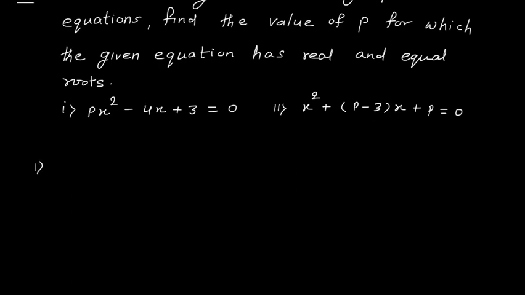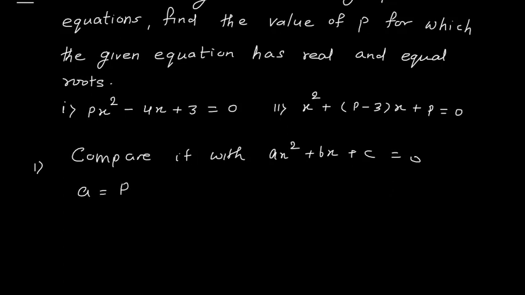First compare it with ax square plus bx plus c equal to 0. We get value of a as p, value of b as minus 4, and the value of c as 3.